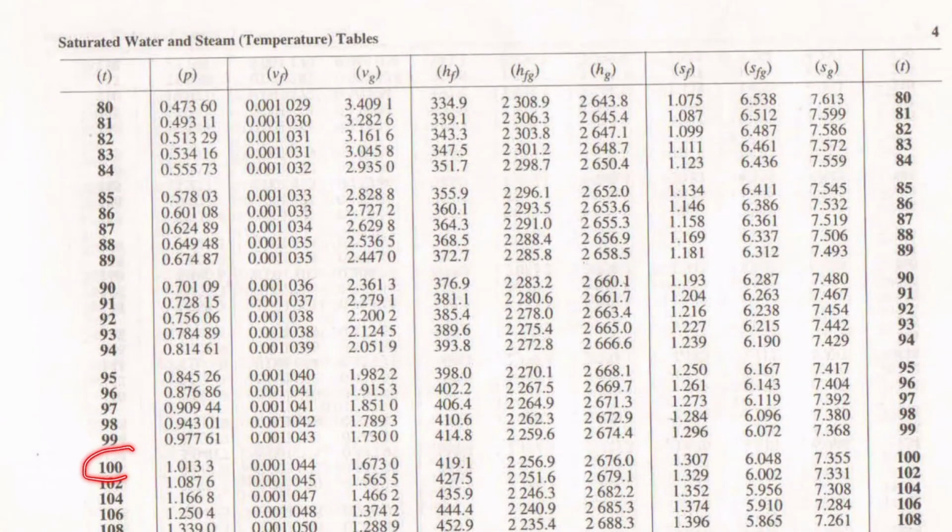What is the Hg value for 100 degrees Celsius? 2676. And next it was HF at 100 degrees Celsius. So HF at 100 is 419.1 plus Cp of liquid. What is the liquid? Water. So what is the Cp of water? 4.187 into Tsat minus T sub. Those values we already have.